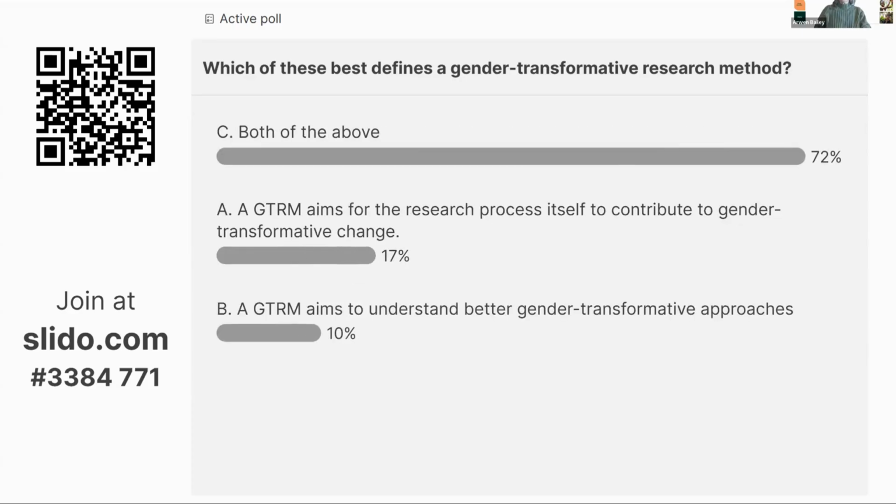Okay, so the majority are saying it's both of these answers, A and B, followed by about a third of people there saying that it's a method that aims for the research process itself to contribute to gender transformative change. And a small minority thinking it's a research methodology that aims to understand better gender transformative approaches.